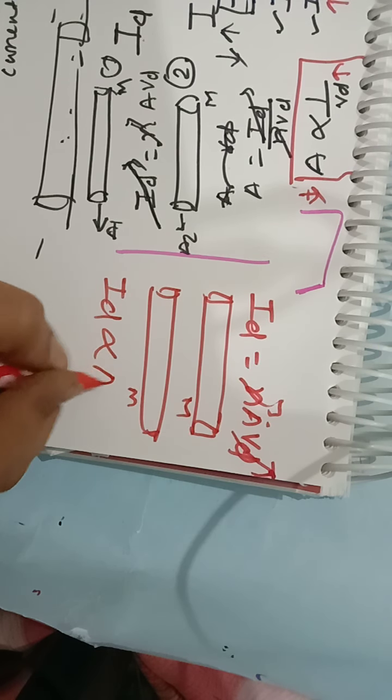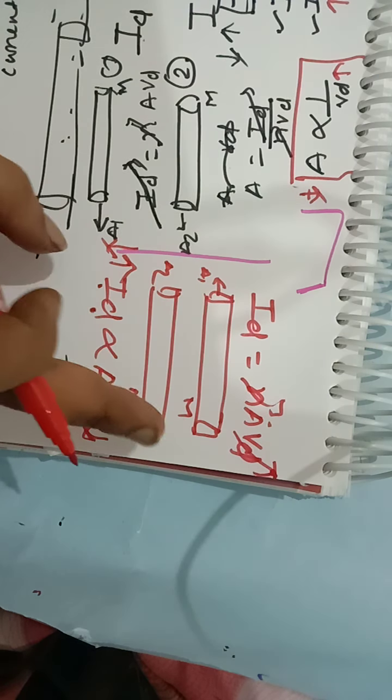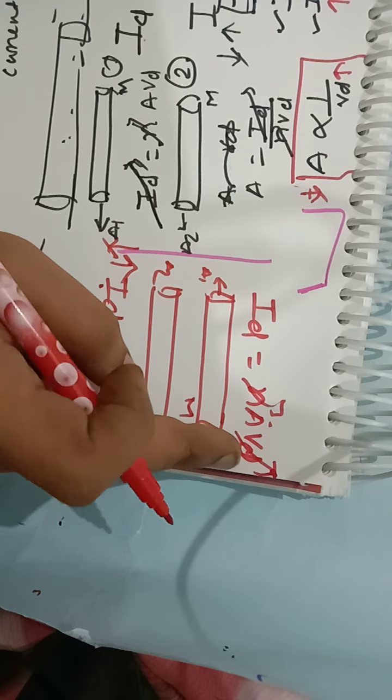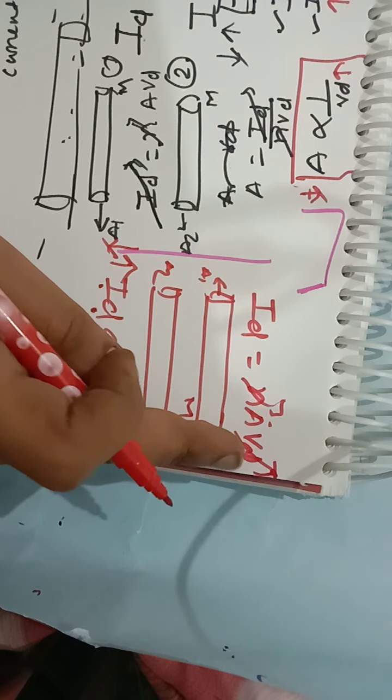ID is directly proportional to A. It means if there are two wires of cross section areas A1 and A2, the one with more cross section area will have more drift current, and the one with less cross section area will have less drift current. This holds when the drift velocity of the electrons of both the wires is the same.